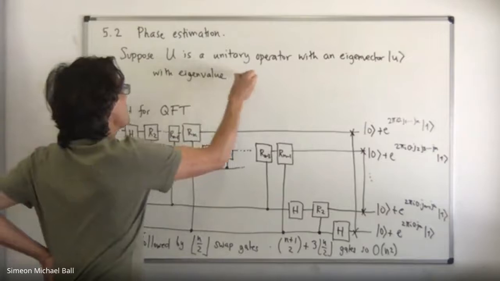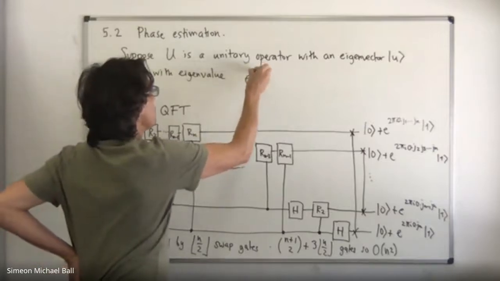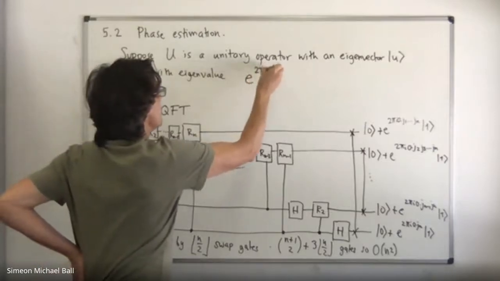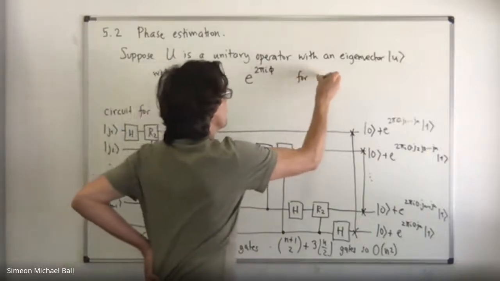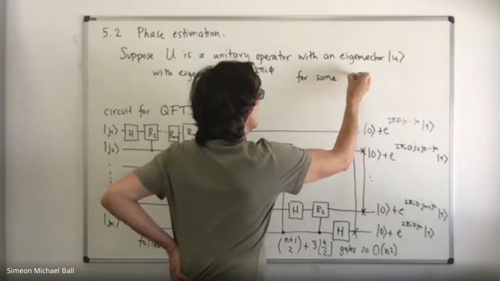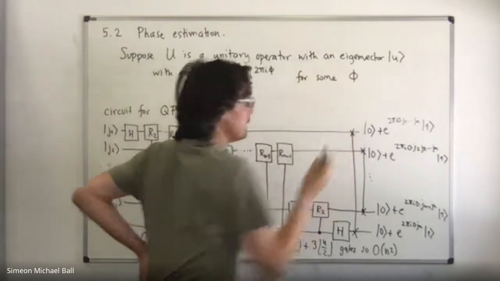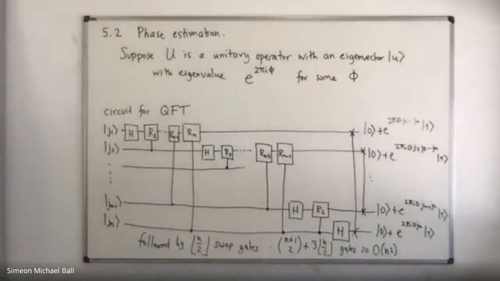Now it's a unitary operator, so its eigenvalues are of the form e to the 2 pi i phi for some phi. And the idea here is that phi is going to be some kind of decimal number, or we can think of it as a binary decimal, you know what I mean.